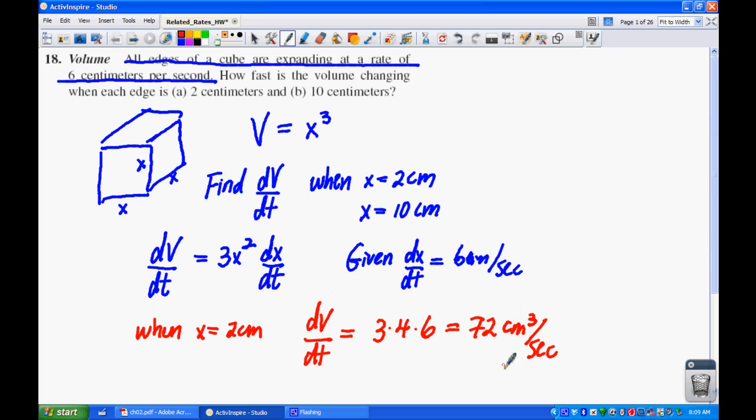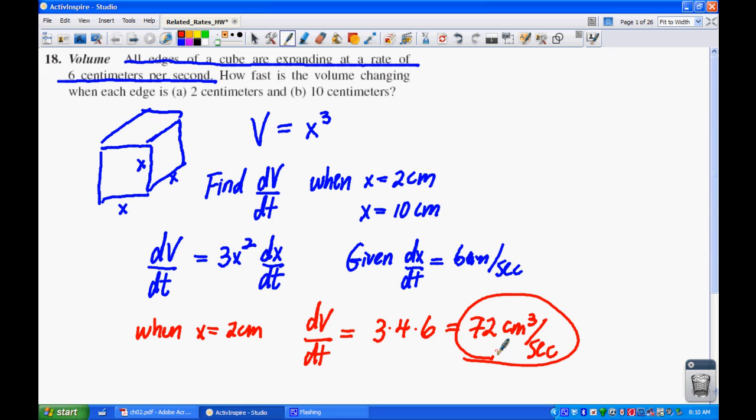Now that's going to change, of course, when the edge starts to become bigger. When the edge becomes bigger, the volume rate of change will also increase. So that's not fixed. But anyway, the answer for when x is equal to 2 is simply this.